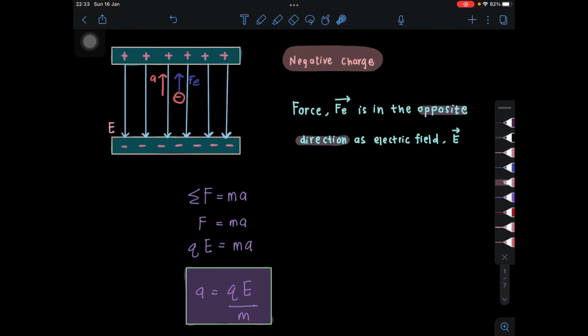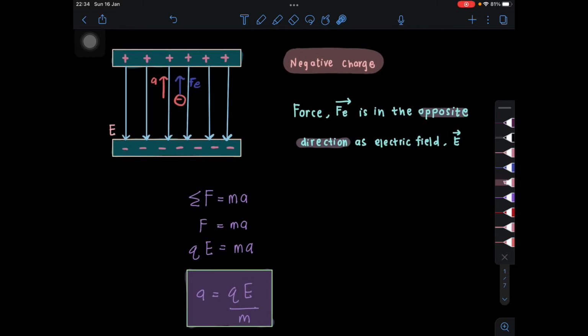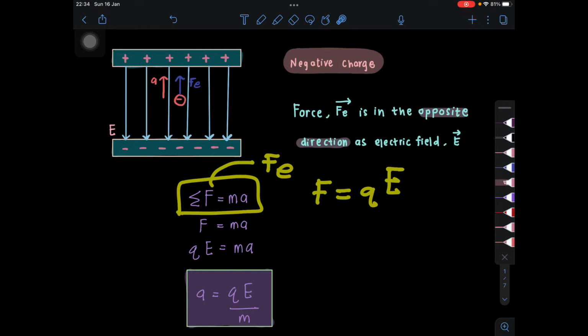In this case, the net force is equal to ma. And the force involved here is only the electrostatic force. So there is only one force involved. And we learned in subtopic 1.2 that when we relate electrostatic force with electric field, F will be equal to the charge times the electric field.